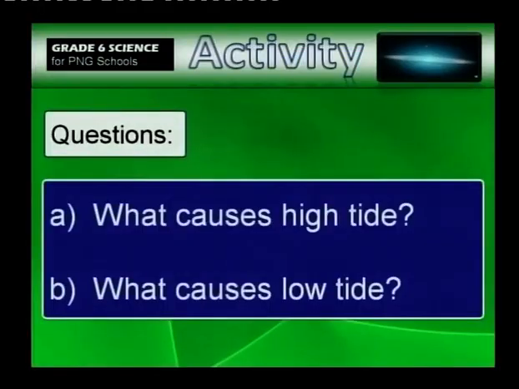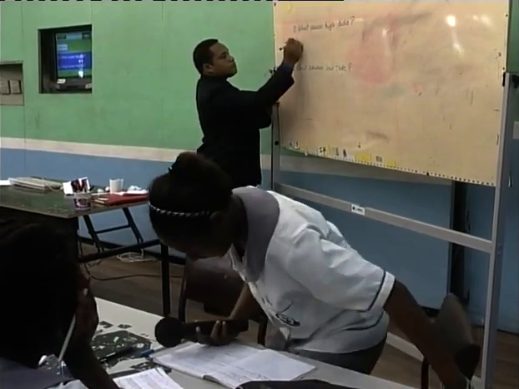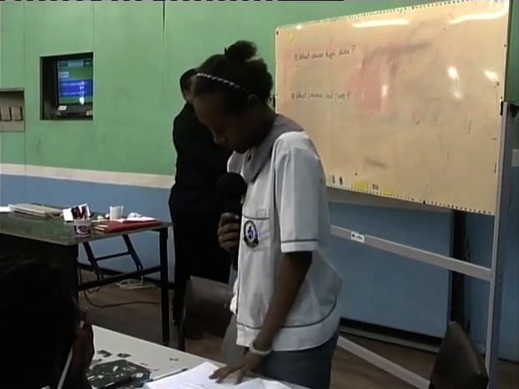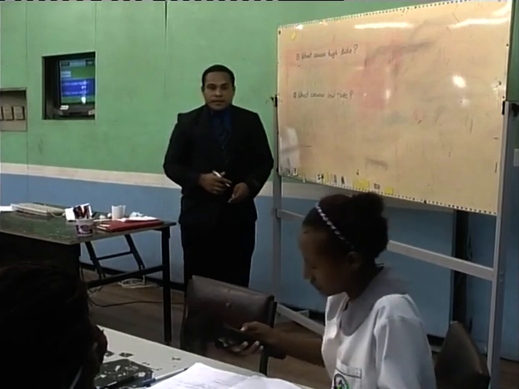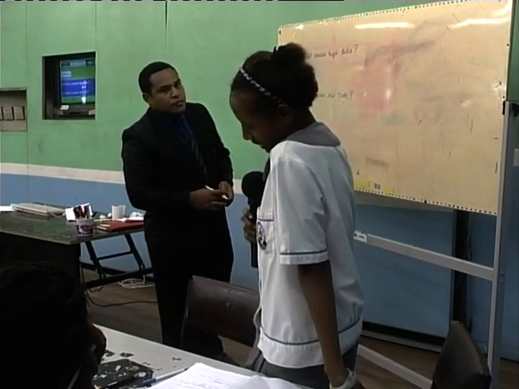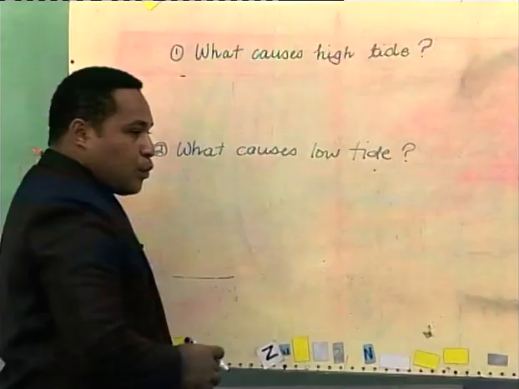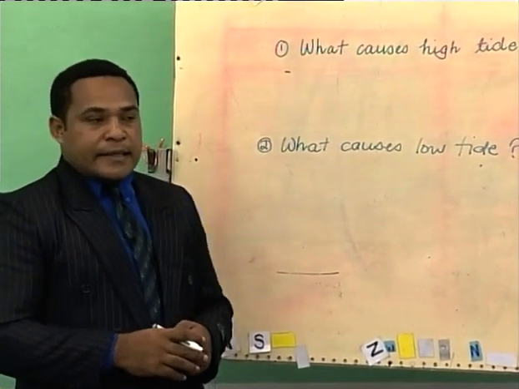What causes high tide? Helen, thank you. When the sea level rises up, it causes high tide. Okay, Helen said when the sea level rises up, it causes high tide.